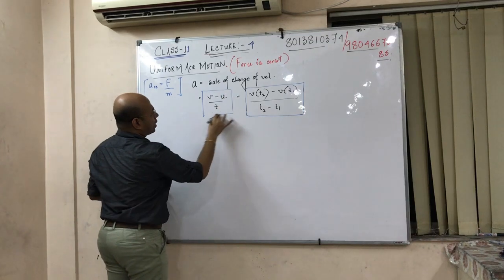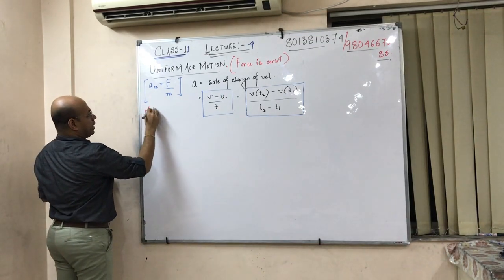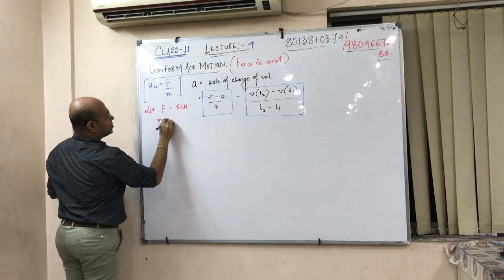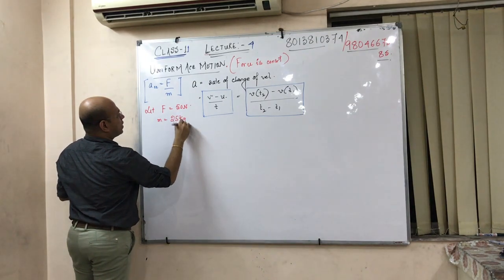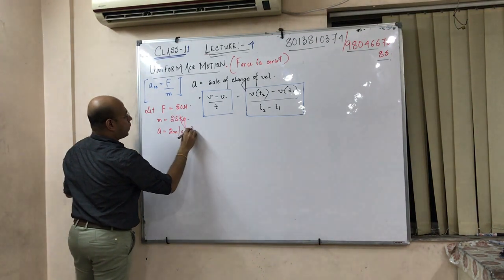What does it mean? Let's take an example. Let force equal 50 Newton. Mass of the body is 25 kg. So acceleration becomes 2 meter per second square.